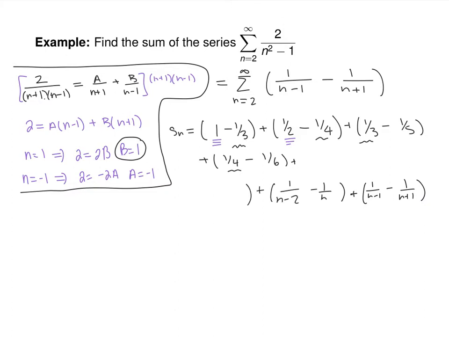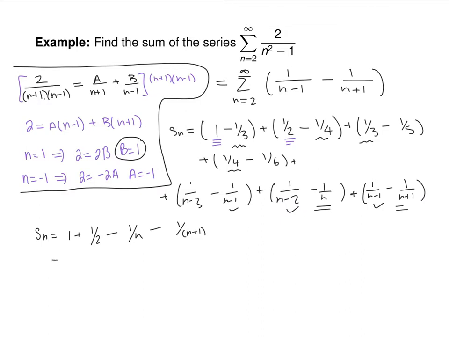One more previous, 1 over n minus 1, minus 1 over n minus 3. And we can see then that this 1 over n minus 1 will cancel with that one. I go one term previous, this guy will cancel. What does not cancel is this 1 over n, and that 1 over n plus 1. So Sn will be 1 plus 1/2 minus 1 over n minus 1 over n plus 1.